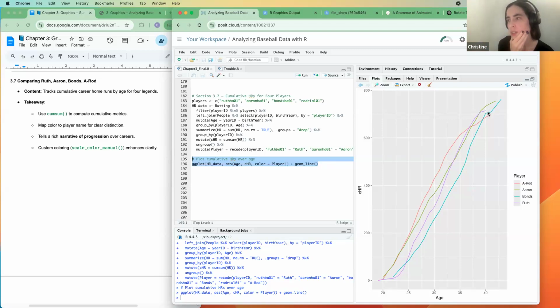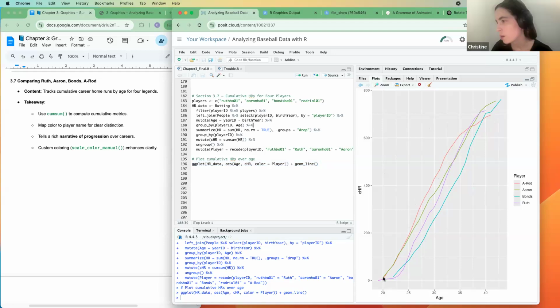I feel like it'd be interesting to see how that changes year to year for the players. I think this is summing all of their home runs, maybe. Which is a little tricky, cumulative by age. It's interesting to see when each player hit their first home run.